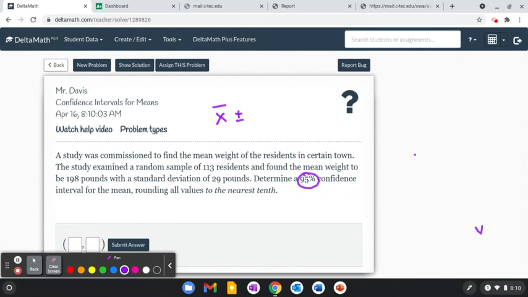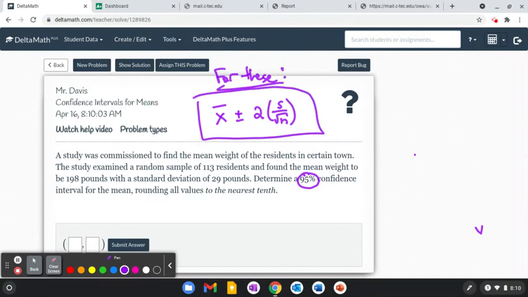In reality it does change, but we're just going to focus on the first one today. Since it's always going to be 95, you can write this as 2 and then s over square root of n for all of these Delta Math problems. Just x bar plus or minus 2 times s over the square root of n. So you could write that down when you're doing this.